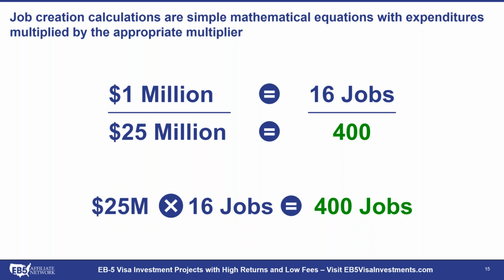So a simple way to approach this is basically saying, okay, if $1 million on hard construction in South Florida creates 16 jobs, and you know your project's going to create 25 million of hard construction expenses, then if you do build the project and actually spend the 25 million, and you can provide the bank statements and the proof that you did spend that money, then you're going to get 400 EB-5 eligible jobs.